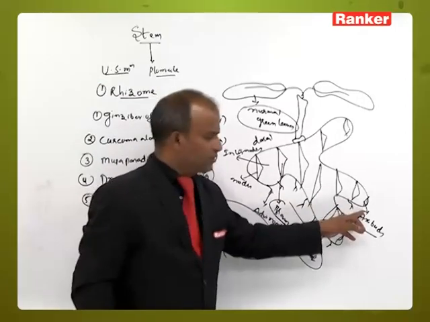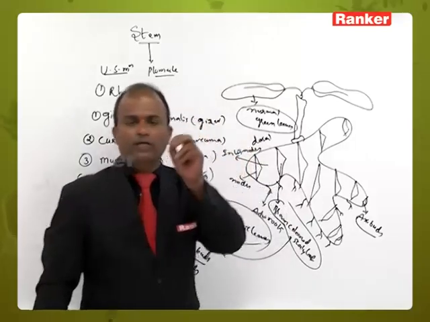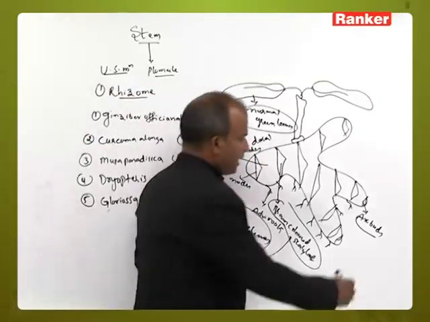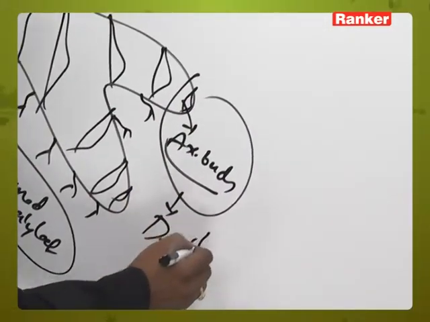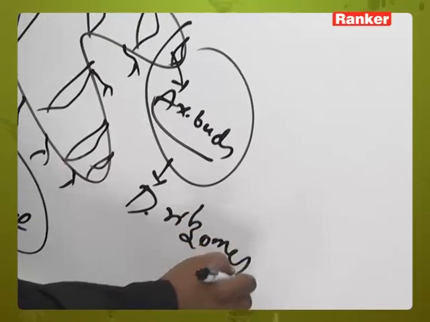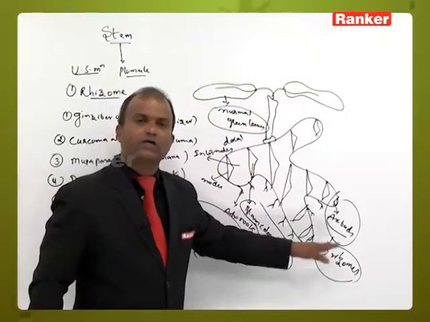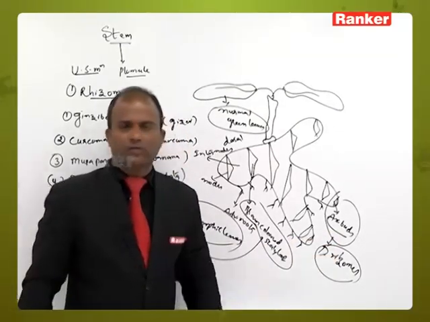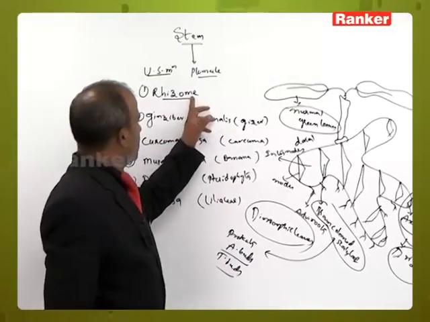These axillary buds also give rise to daughter rhizomes. That means they play an important role in vegetative propagation.